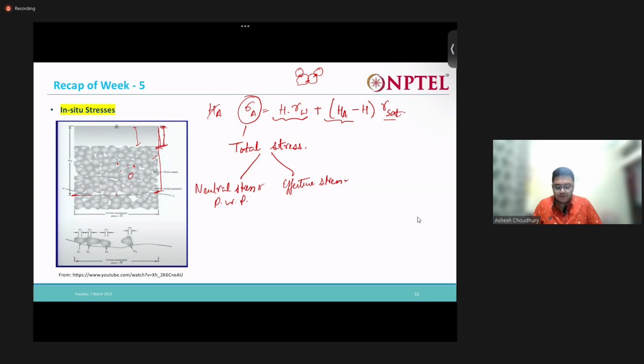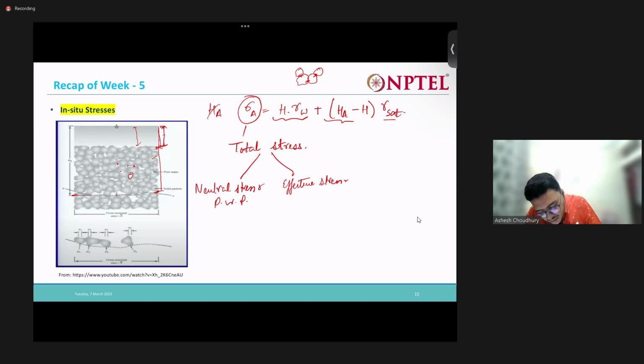So now, why effective stress is important is that all the concepts of the strength of soil are actually based upon this effective stress concept, because the load that is being carried by the soil itself is nothing but this effective stress.